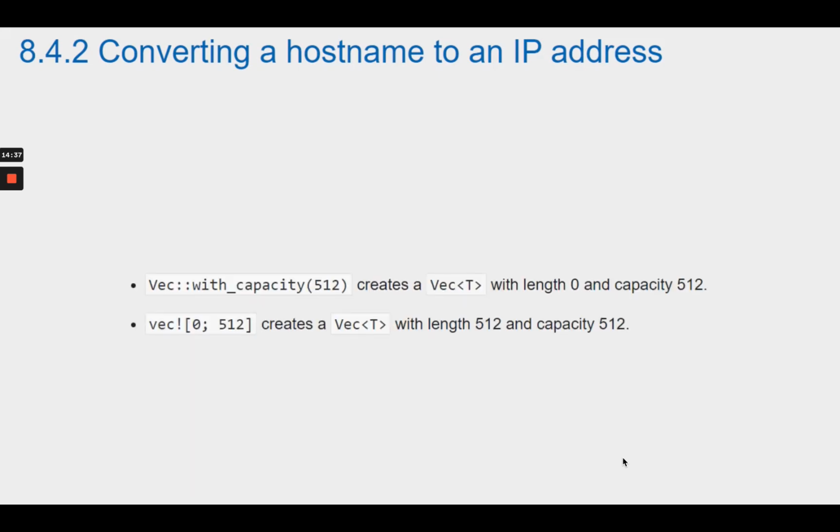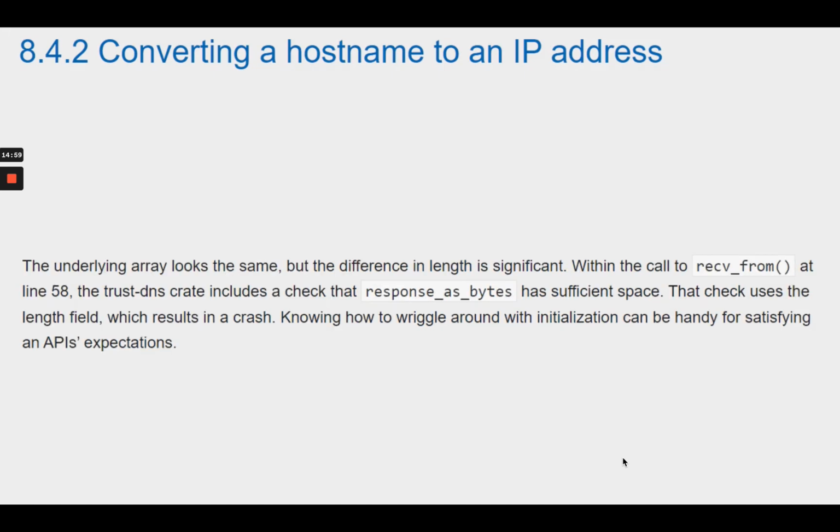Vec::with_capacity(512) creates a Vec<T> with length 0 and a capacity of 512. vec![0; 512] creates a Vec<T> with length 512 and a capacity of 512. The underlying array looks the same, but the difference in length is significant.